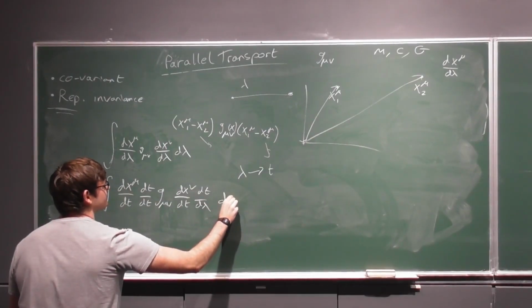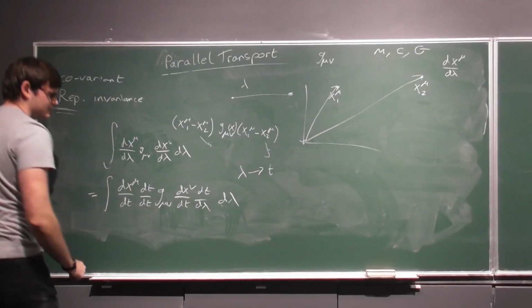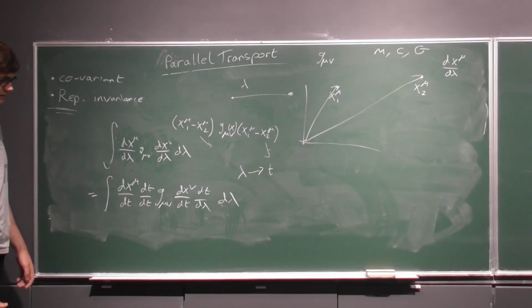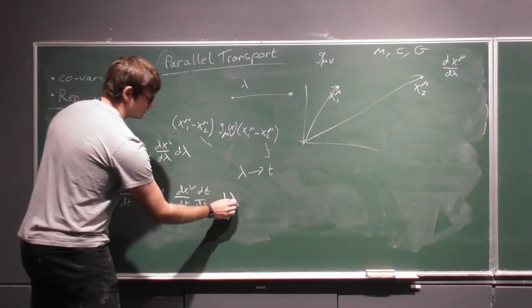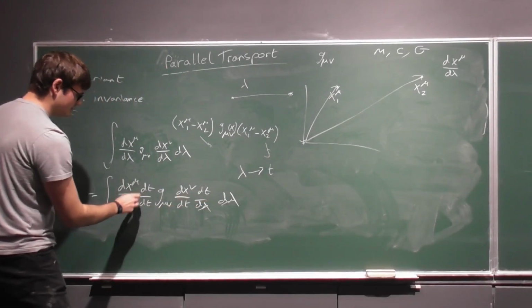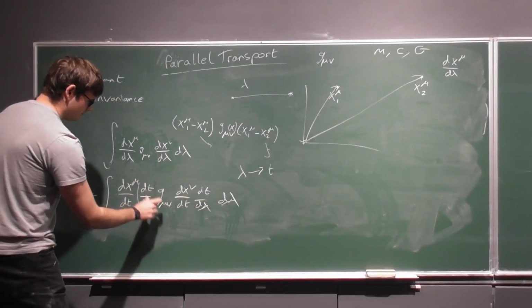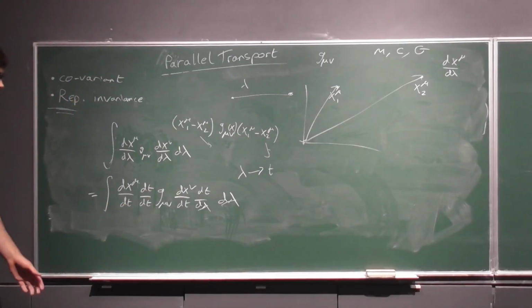And then I also have a d lambda here. That's no good, right? Maybe I cancel one of those and then I have a dt, but then I still have this term here messing things up. So this is not parameterization invariant.